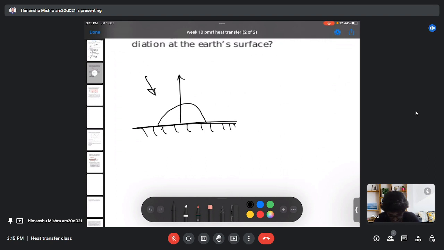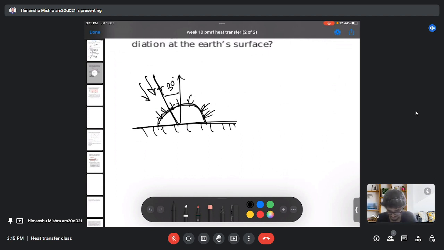The first irradiation is coming at an angle theta, and the second, by which this surface is receiving the radiation, is diffusive in manner. That means it does not depend on the specific direction. It is coming from every side, which makes roughly a hemispherical distribution of the radiation because it is direction independent.